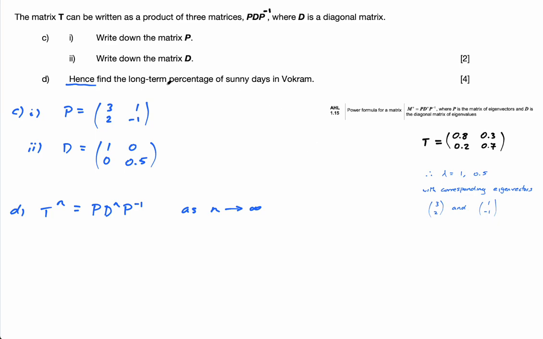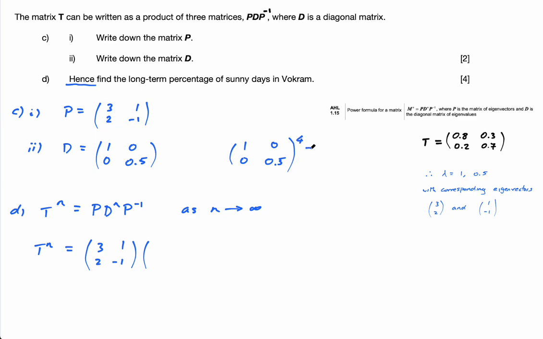Then T to the power of n is equal to P, which is 3, 2, 1, minus 1, times D to the power of n. This is one of the main reasons this formula is useful. Think of 1, 0, 0, 0.5, a diagonal matrix.